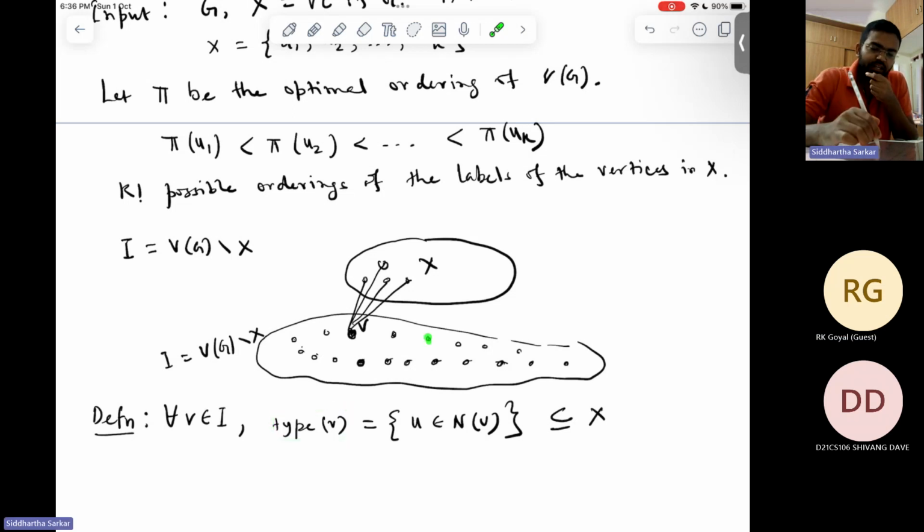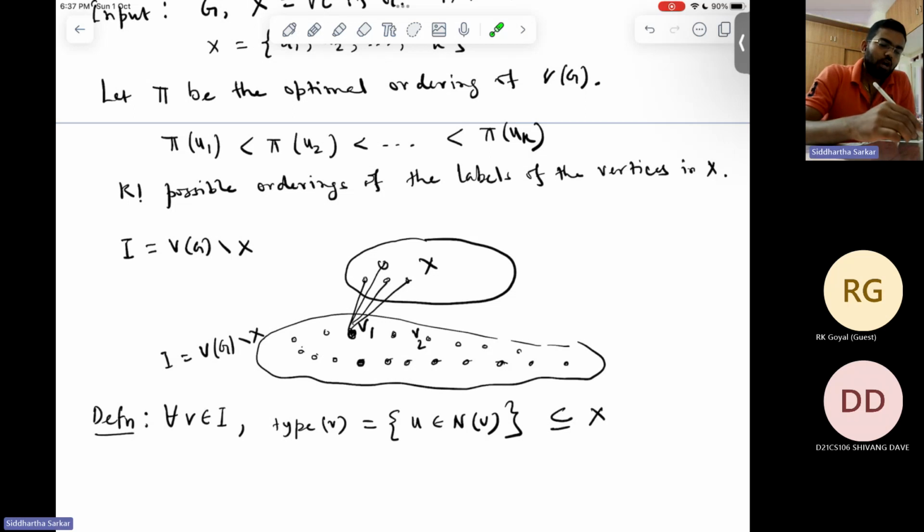Maybe there is one more vertex that has the same neighbors as V, then it has the same type. It is very much possible that V1 and V2 are two vertices with identical neighborhoods, connected to the same set of vertices in X. Then we'll say that the type of V1 is equal to the type of V2. So the type is with respect to a vertex in the independent set.